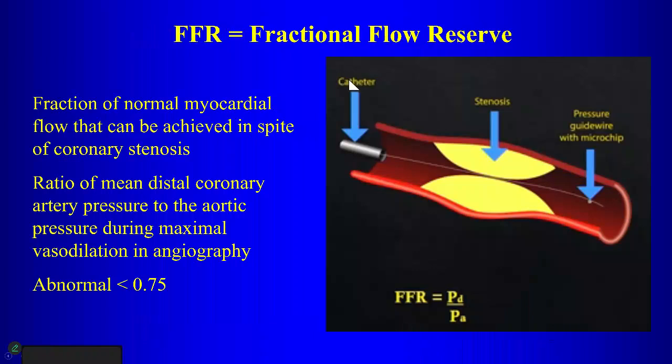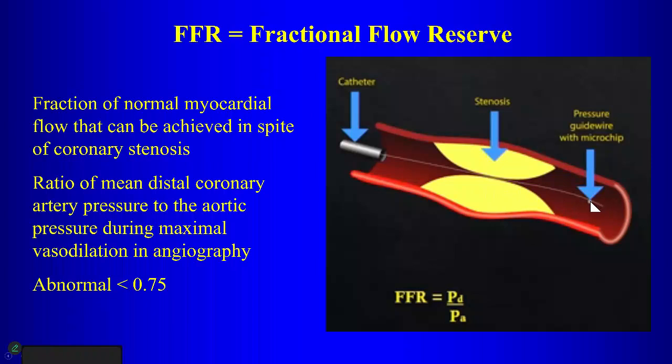This is where fractional flow reserve comes into play. What we're doing here is evaluating the physiologic significance of the stenosis itself. How this is done invasively is there is a probe that is put in when they're doing coronary angiography. They put the distal tip of the probe distal to the stenosis, and there's a pressure transducer in there that will measure the pressure.